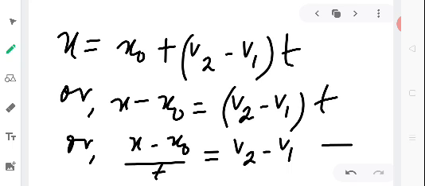Let us consider this as equation number 4. Here, the left hand side of relation 4 gives the time rate of change of position of object B with respect to object A. That is the relative velocity of object B with respect to object A.